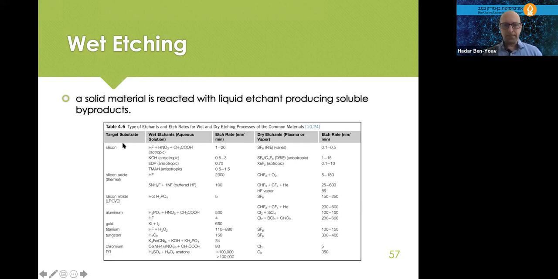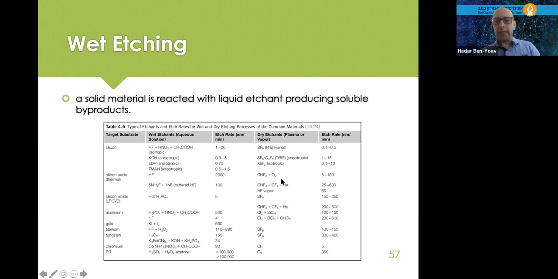For example, if we have silicon oxide, SiO2, we put in an etchant solution called HF that has an etching rate of silicon oxide of about 2,300 nanometers per minute because of this chemical reaction with the HF.